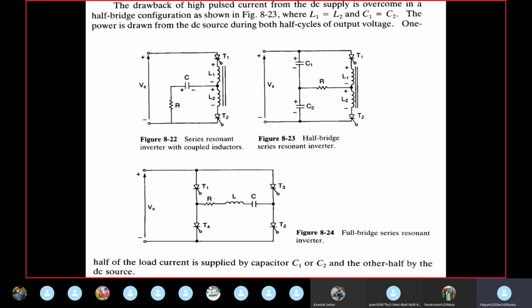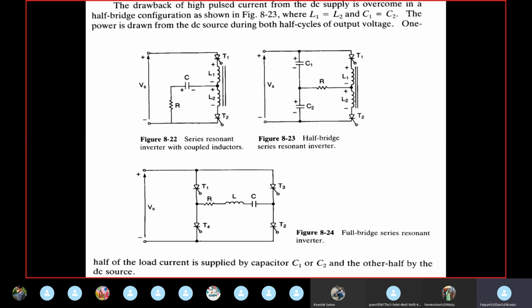The drawback of high pulse current from the DC supply is overcome in a half bridge configuration, which is shown here, where L1 is equal to L2 and C1 is equal to C2. The power is drawn from the DC source during both half cycles of the output voltage.